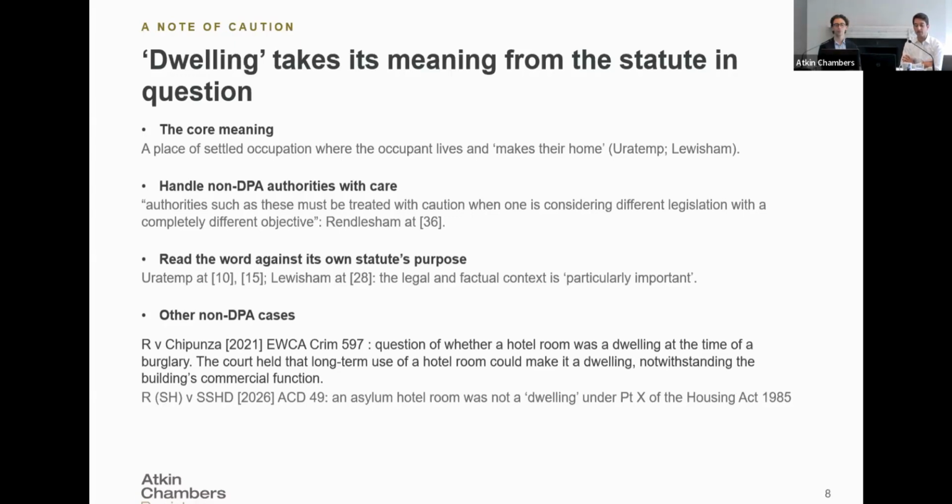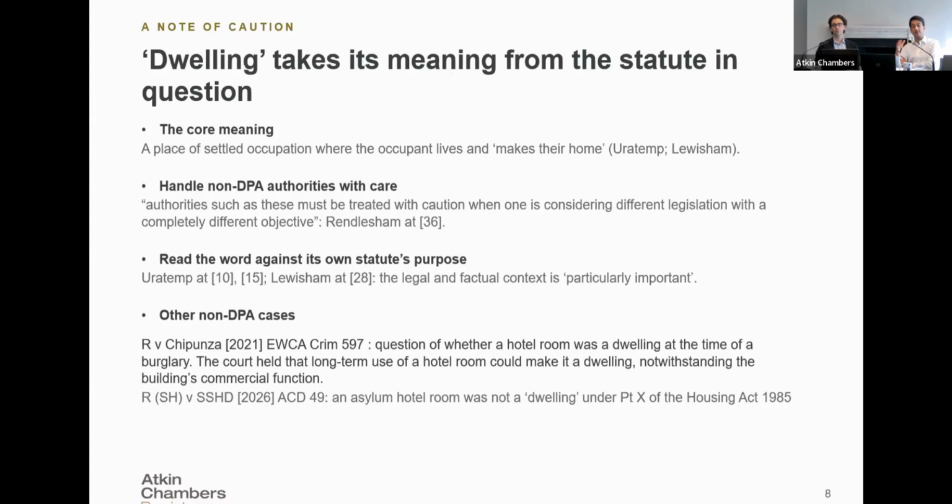So, for example, in Eurotemp, the House of Lords were deciding the question of whether his hotel room, he'd had 3 hotel rooms since he began occupying or staying in the Viscount Hotel. They were concerned with whether his room, at the time when proceedings were brought, was a dwelling.